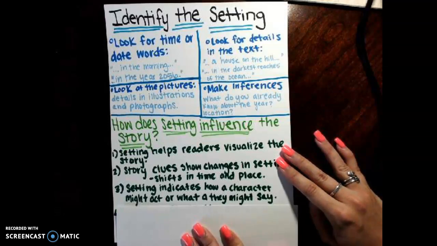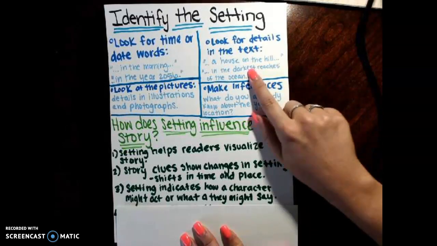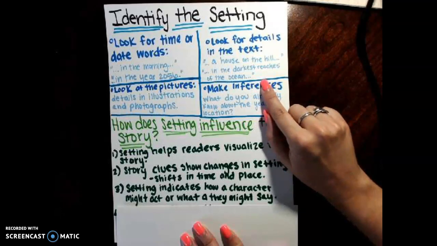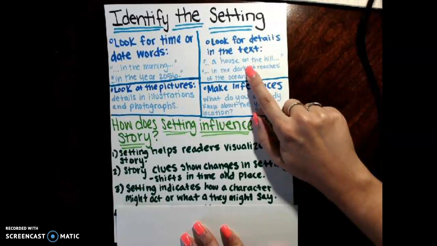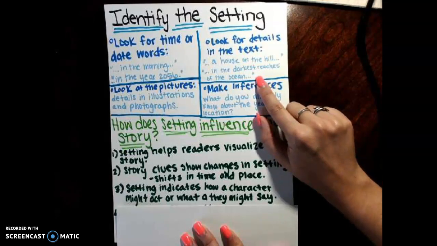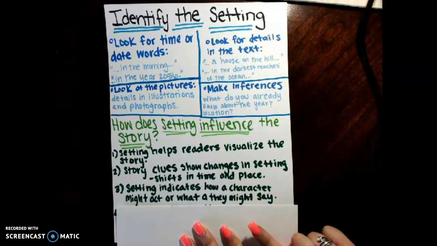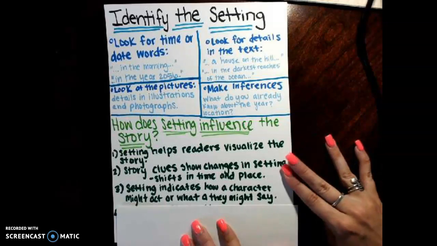Maybe the setting changes from a house on the hill to the darkest oceans. Maybe they're relaxed in the house on the hill, but then they're afraid and scared in the ocean. It can shift how we think the character is feeling or acting in the story.